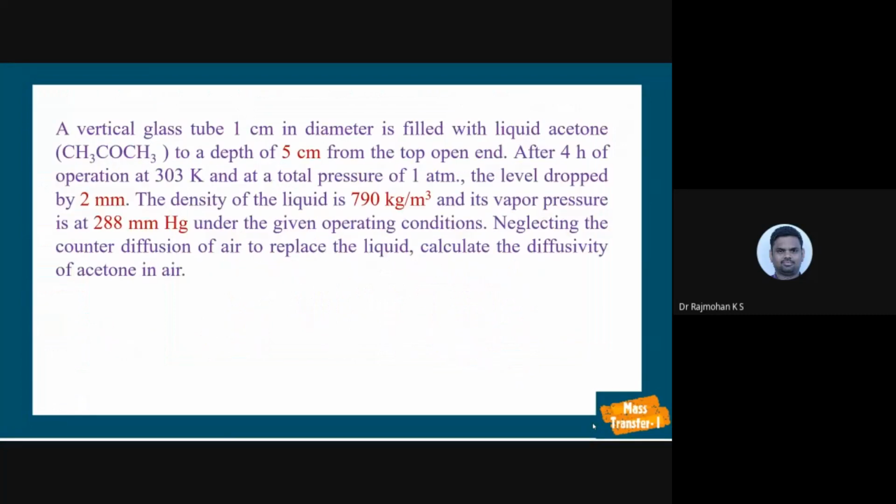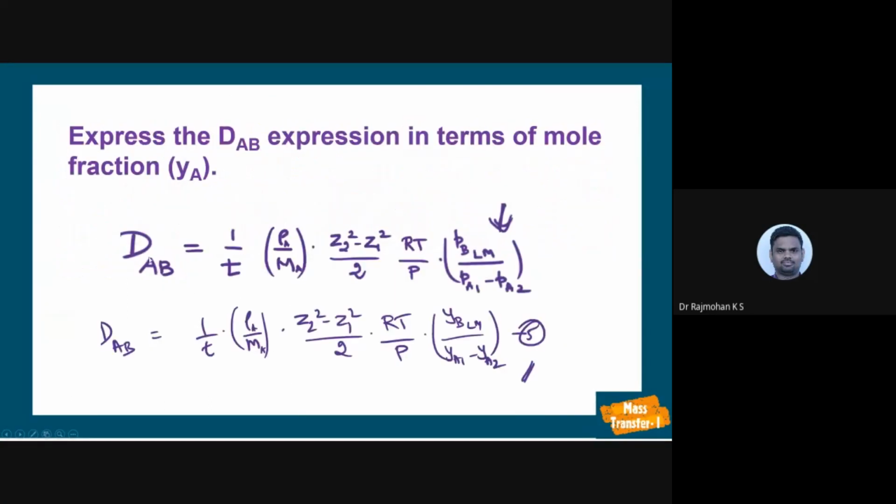So take down this problem. We should know the formula, which means we should be able to write all the data first. In this formula, what are the terms available? DAB, T, rho A, MA, Z2, Z1, R, T, P, PB logarithmic mean, PA1, PA2. So we should be able to write what the given data is first, and the unknown data can be determined.